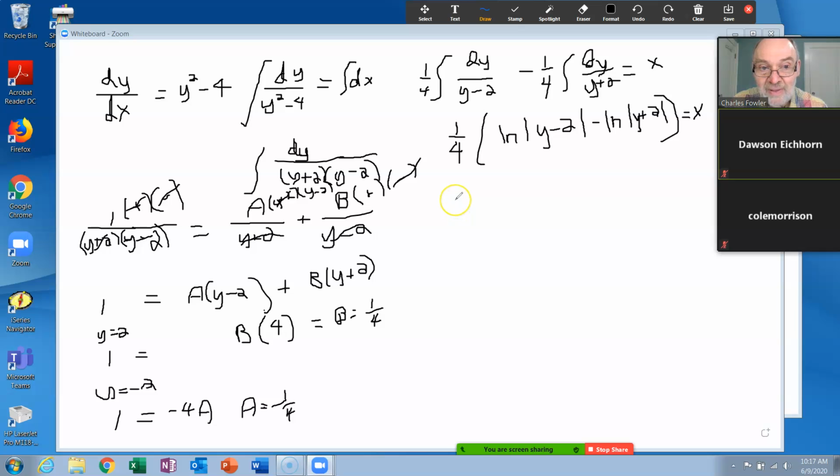So that is going to be the log of y minus 2. And notice I'm sort of leaving off my absolute value bars. I probably should put them in.